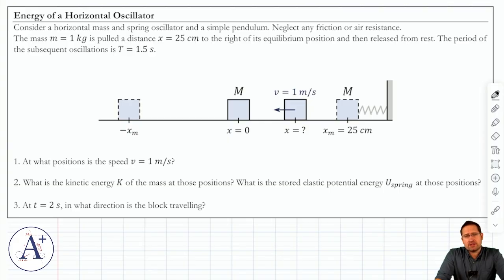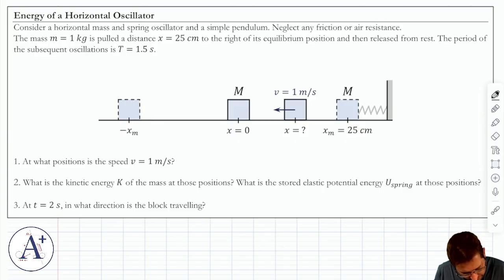And this is a good example of this, where we don't just have an oscillator all by itself. We have an oscillator, and then for which, we want to find the kinetic energy, and then the stored elastic potential energy, and then a bit of a technical question: at t equals 2 seconds, what direction is this oscillator traveling?